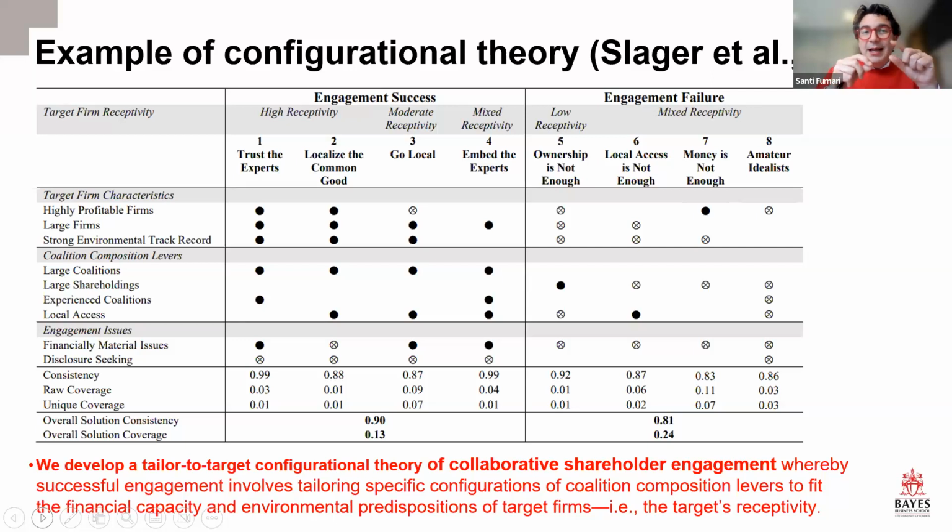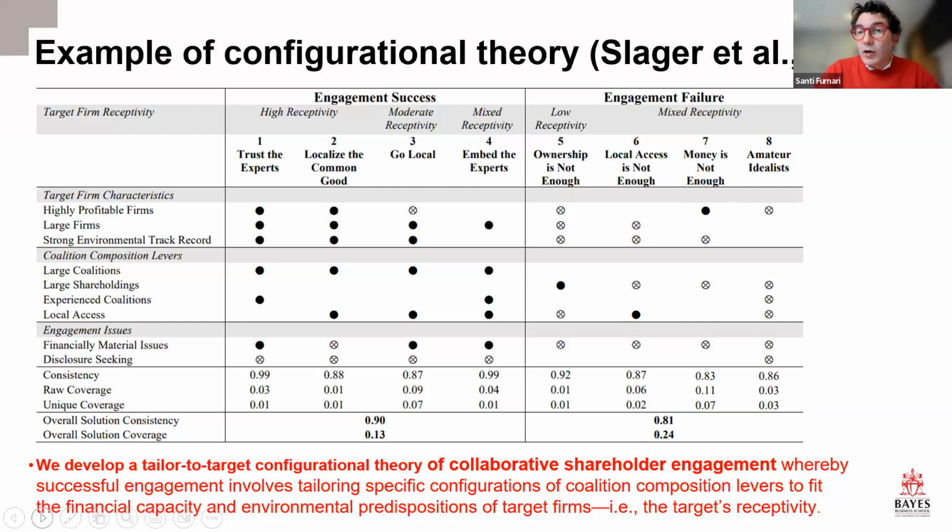So the black circles are the presence of an element, and the crossed circle is the absence of an element, and the blank space means the element could be either present or absent. And you could read this table vertically, where each of these 1, 2, 3, 4 is a different configuration or recipe for an outcome, the same outcome.